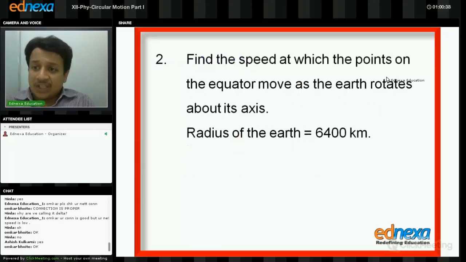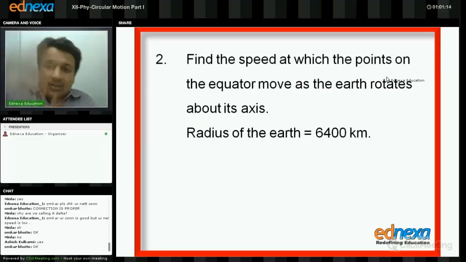Find the speed at which points on the equator move as Earth rotates about its axis. In other words, we want to find the speed of Earth, and for that purpose, the radius of Earth is given, that is 6400 kilometer. I will suggest you the formula v equal to r omega. Omega is 2 pi by t.